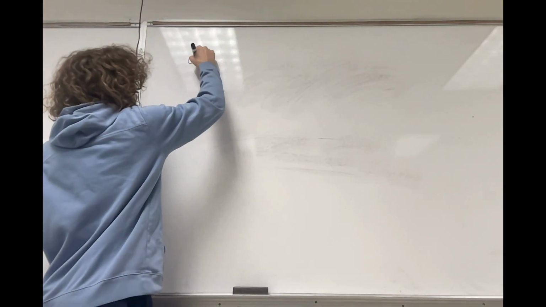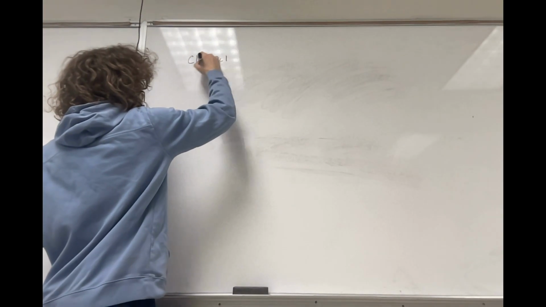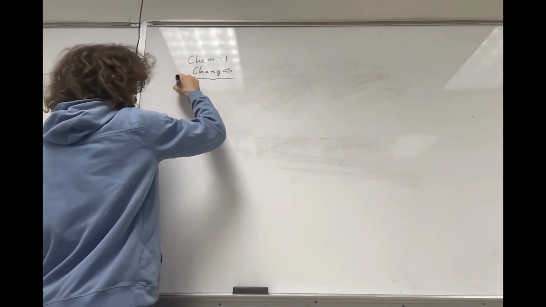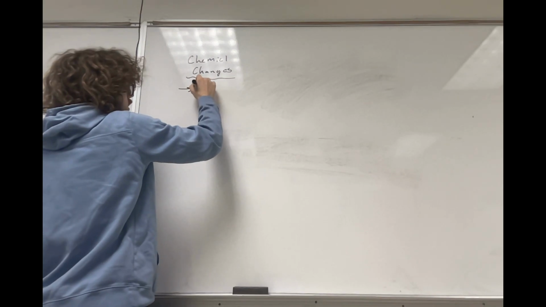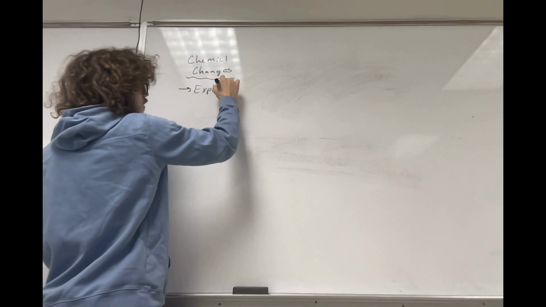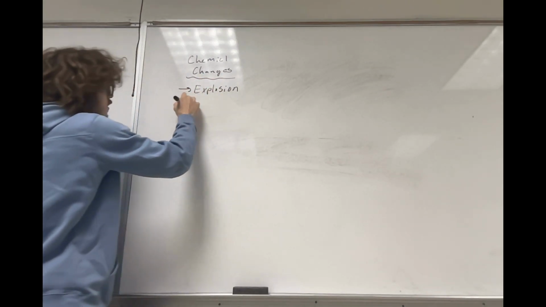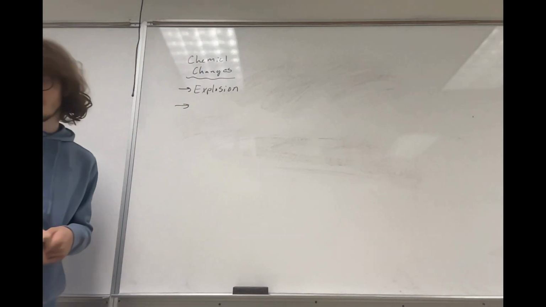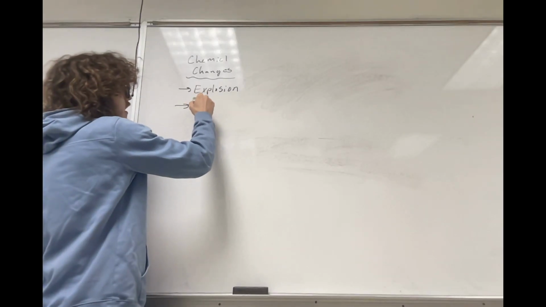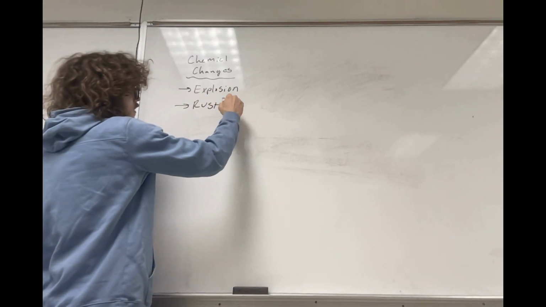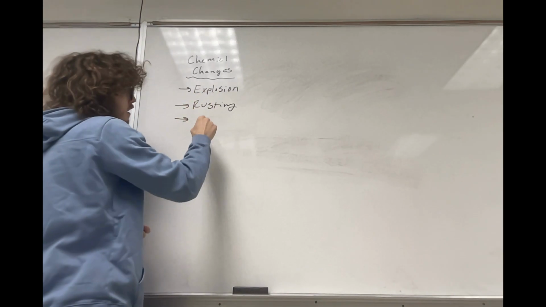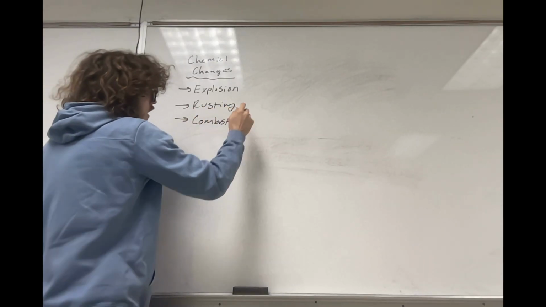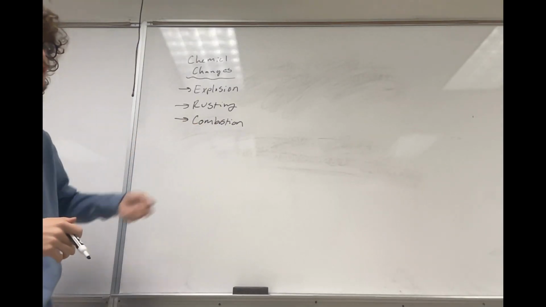So some chemical changes might be an explosion, right? Some sort of other process. You might think like maybe rusting. Combustion is another one. These are obvious chemical changes that you'll see.